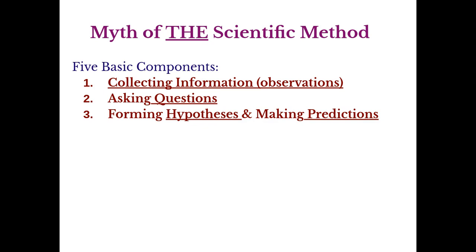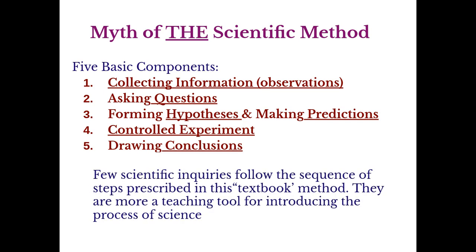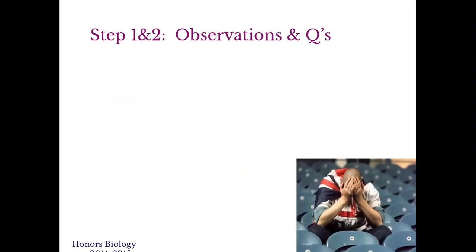So if I am correct about my hypothesis and I change this, then this should happen. From there, we're going to make what's called a controlled experiment. We'll talk about that. It's just a systematic way of testing your hypothesis. And then we're going to take our data and make our conclusions based on our results. Again, this is more a teaching tool than anything.